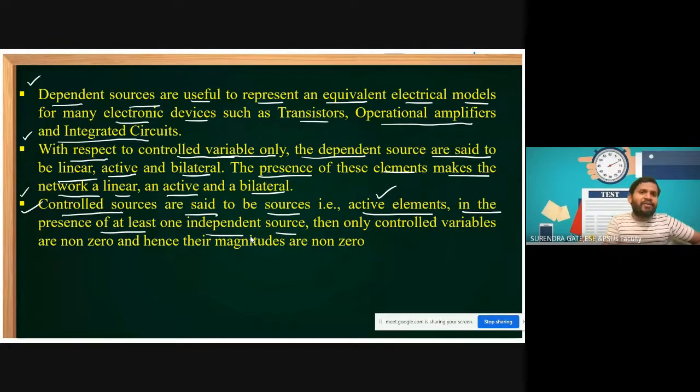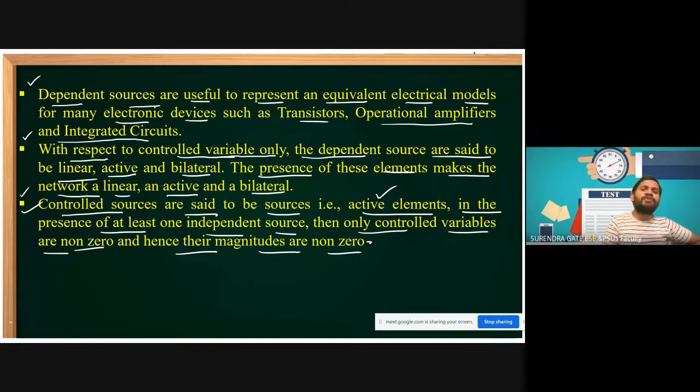In a given circuit, if at least one independent source is present, then only the controlled sources are treated as active. Then only the controlled variables are non-zero, and hence their magnitudes are also non-zero.